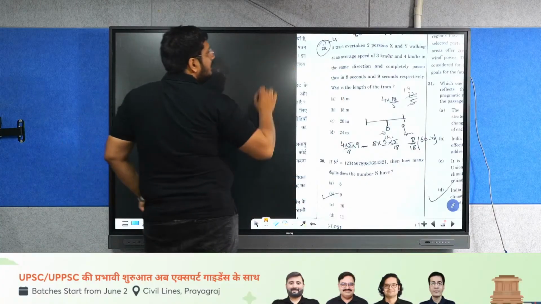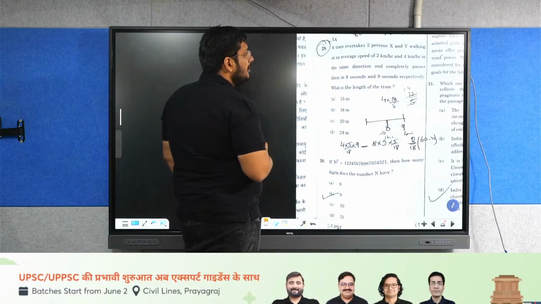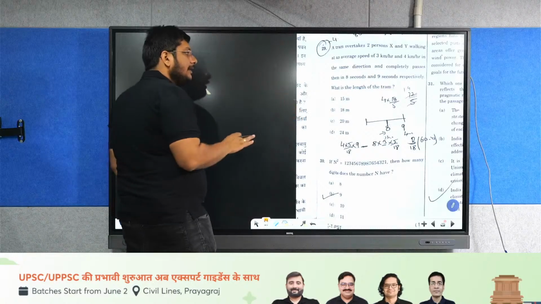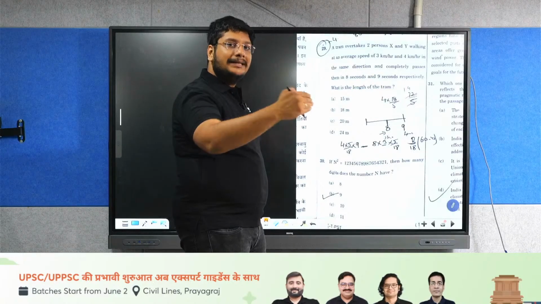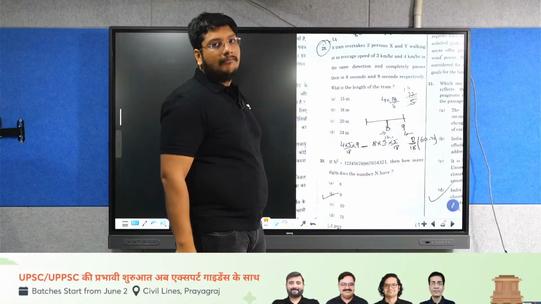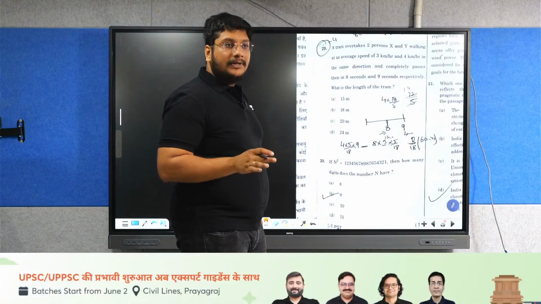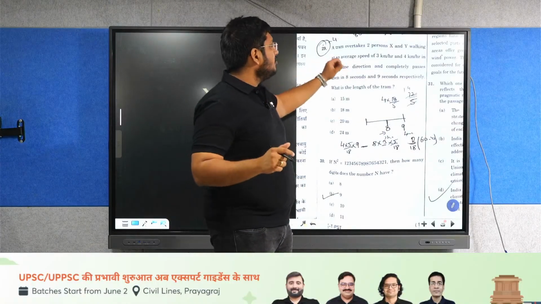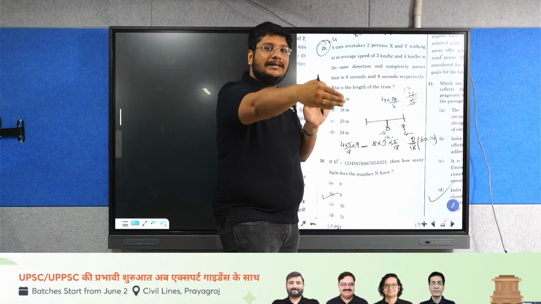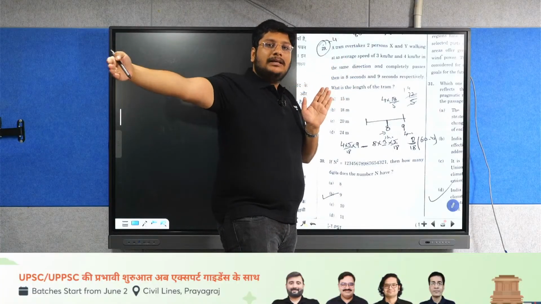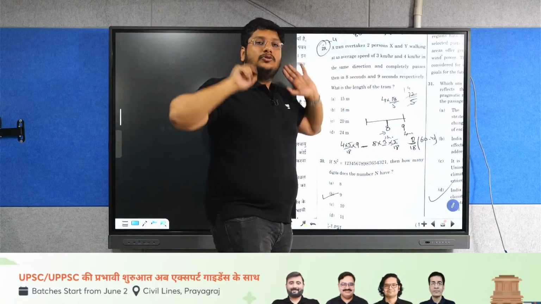See, a tram overtakes two persons X and Y walking at an average speed of 3 km/h and 4 km/h in the same direction and completely passes them in 8 and 9 seconds respectively. We have to find the length of the tram. Length of the tram would be equal to the distance covered while overtaking A and while overtaking B, equating those two things.